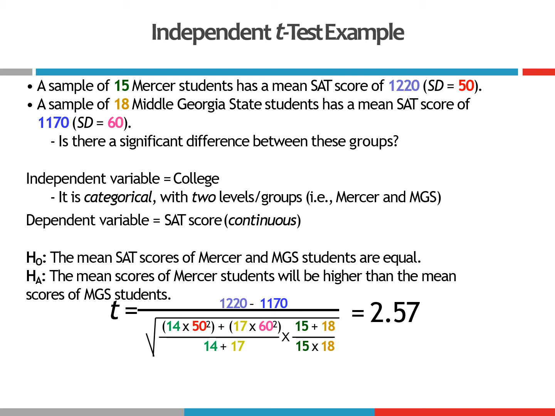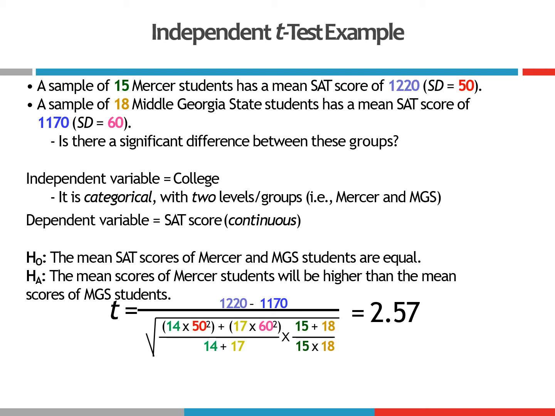The alternative hypothesis is that the mean scores of Mercer students will be higher than the mean scores of MGS students.